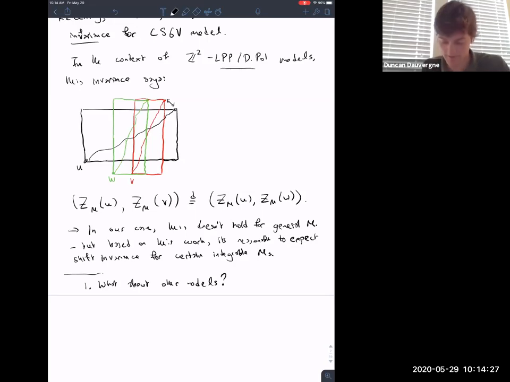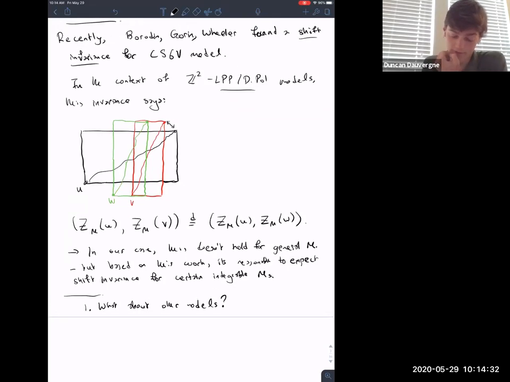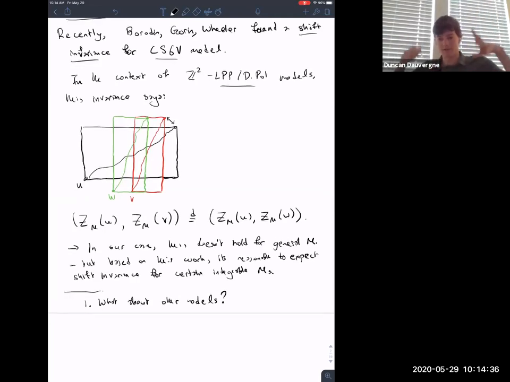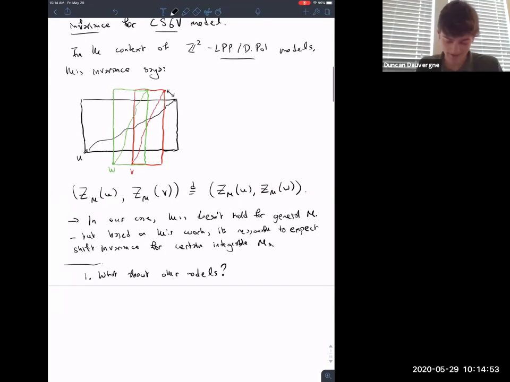So can you get shift invariance for other integrable models? Their proof applies to the colored stochastic six vertex model, and there are many integrable degenerations of this model, like the colored TASEP, the beta polymer, Brownian last passage percolation, but there are many other models where you might expect this to hold, but their proof is very specific to the colored stochastic six vertex model and doesn't easily adapt. So you can ask, what about other models?